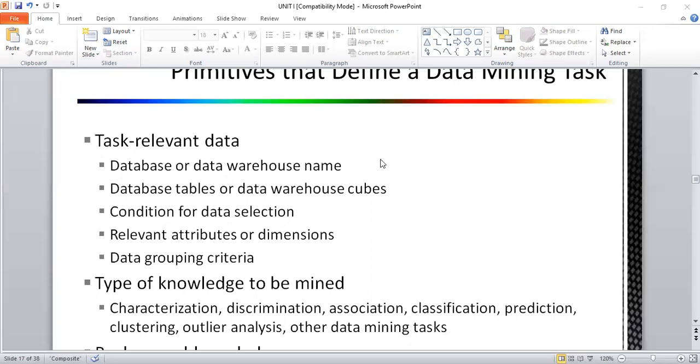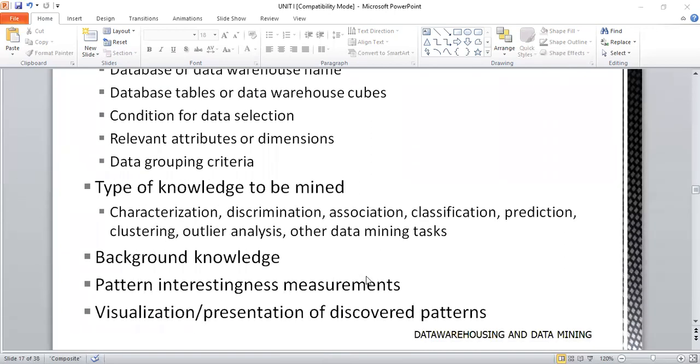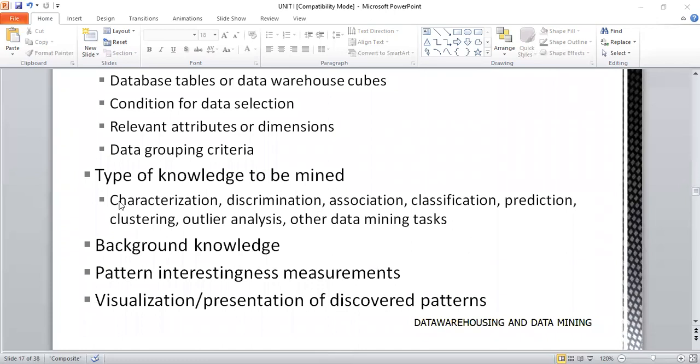Next one is the kind of knowledge to be mined. This topic we have already done. There we have discussed characterization, to summarize the data, discrimination to compare the data, association rules, classification, prediction, and clustering.